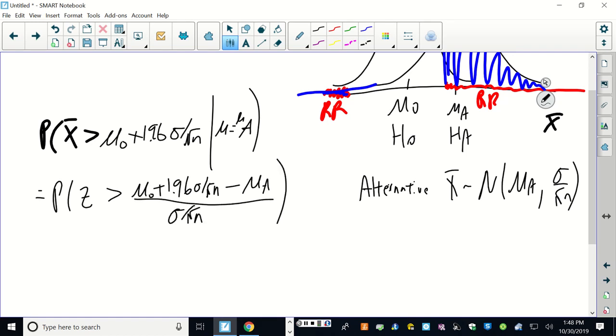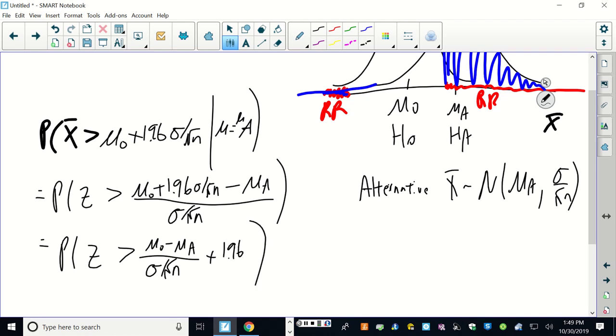So that's the probability that a z is greater than mu sub 0 minus mu sub a, divided by sigma over the square root of n, plus 1.96. That is one way to write it.